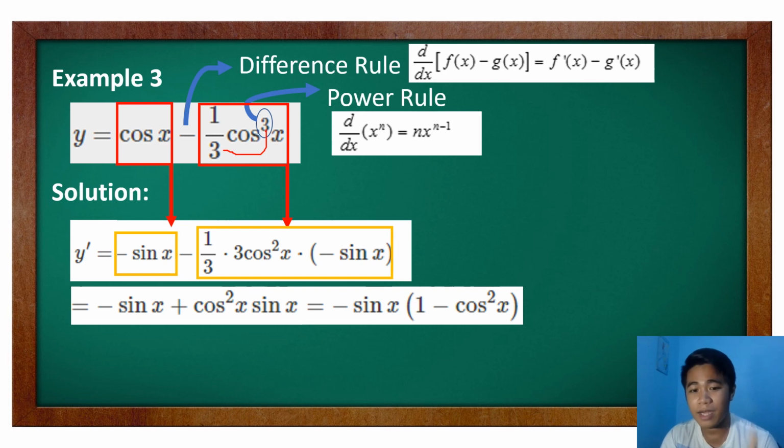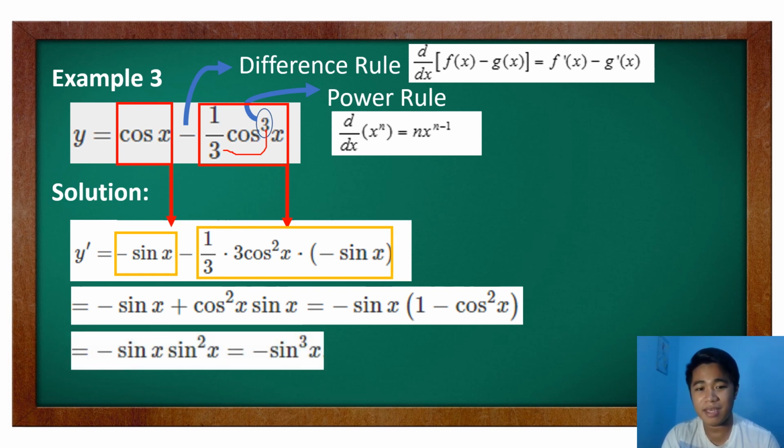So if we have 1 minus cos squared x, that means that is equal to sine squared x. Alright? So we can have negative sine x multiplied by sine squared x is equal to negative sine cubed x. Alright, so that is just how we solve the problem.